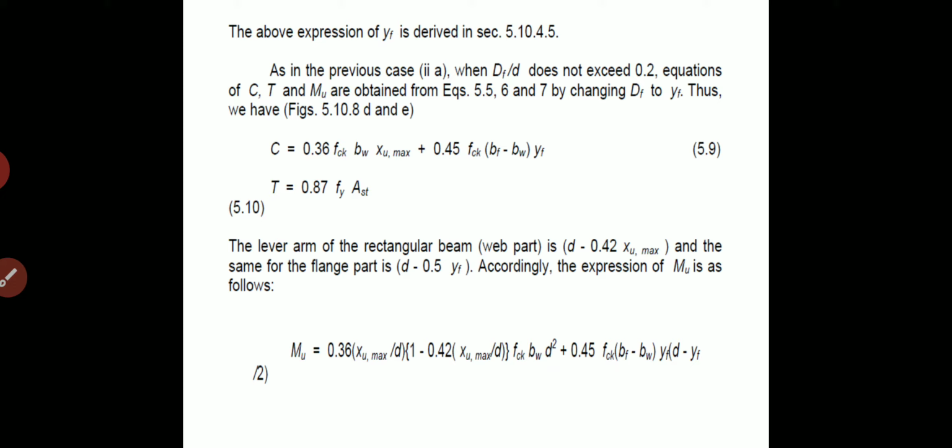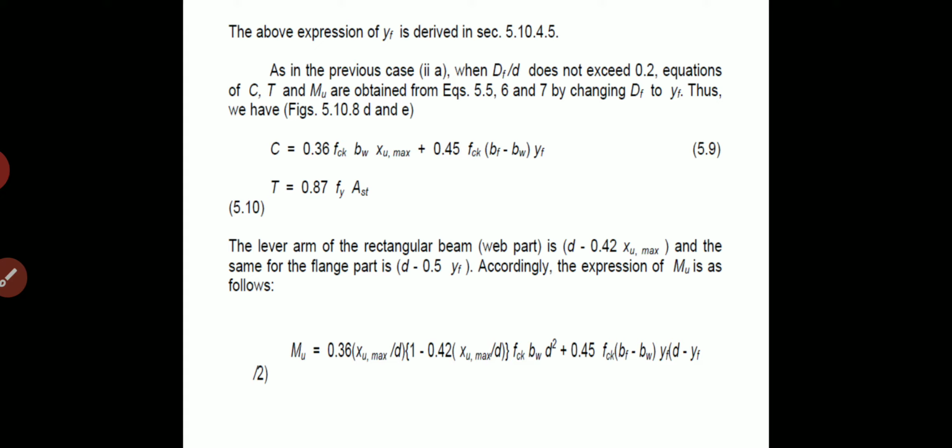The lever arm of the rectangular beam for web part is d minus 0.42 Xu max, and the same for flange part is d minus Yf by 2.